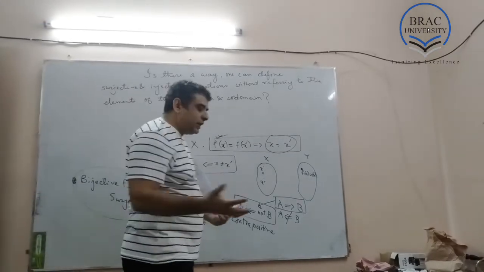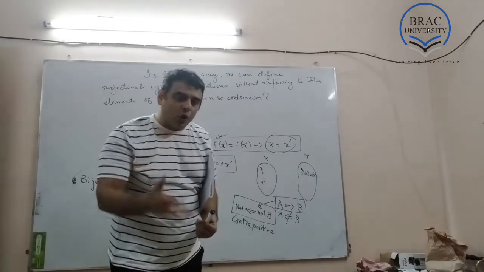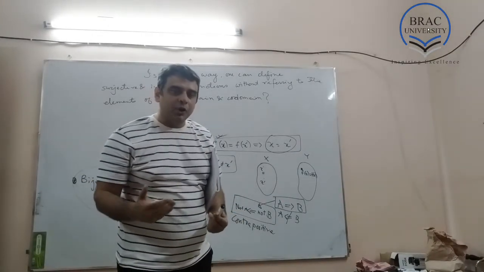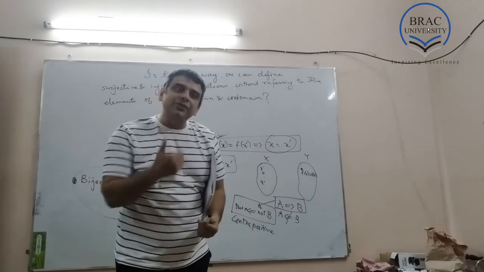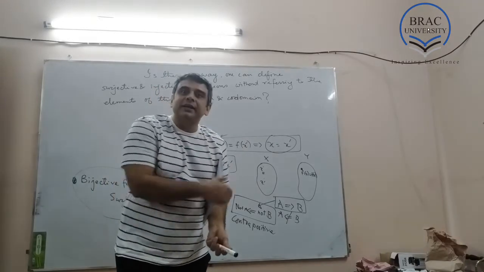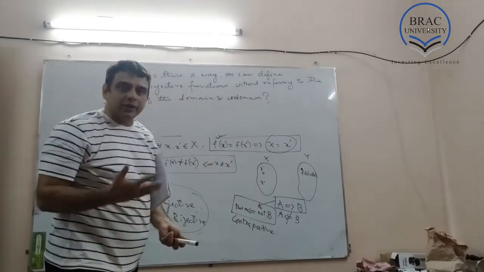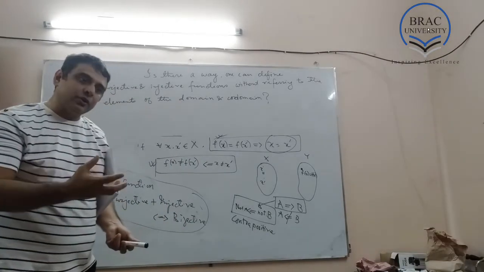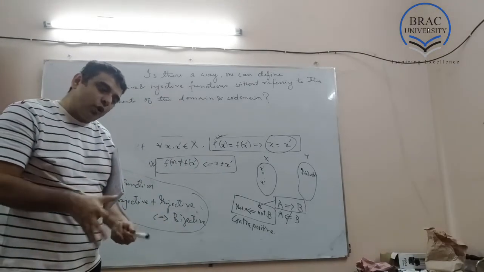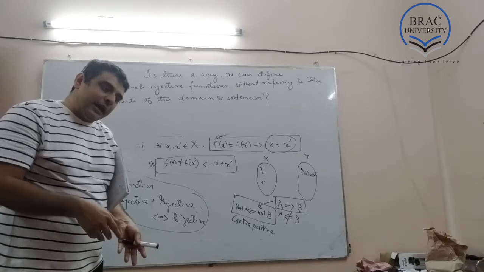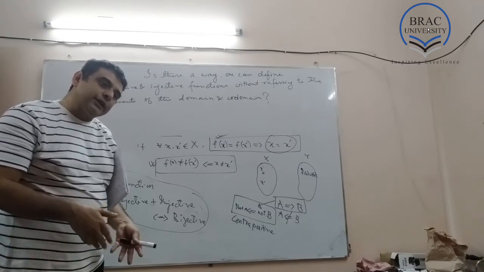Because in an abstract category we refer to objects and morphisms between them. We never talk about the elements in the objects. It's only done in the context of the category of sets, because in the category of sets the objects are sets, and you can talk about elements of the sets.